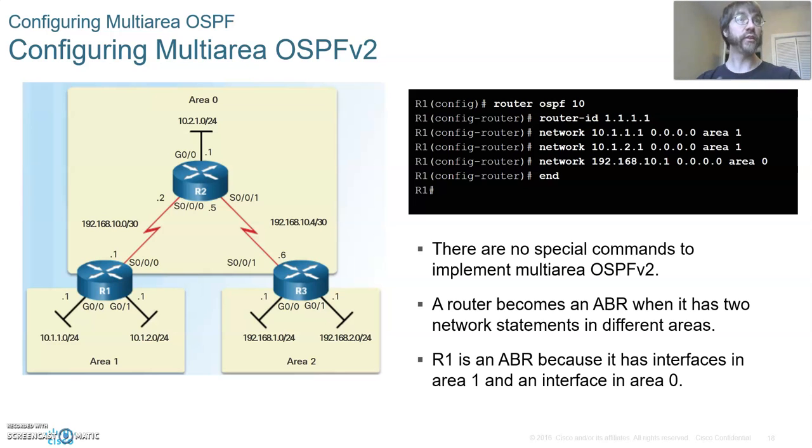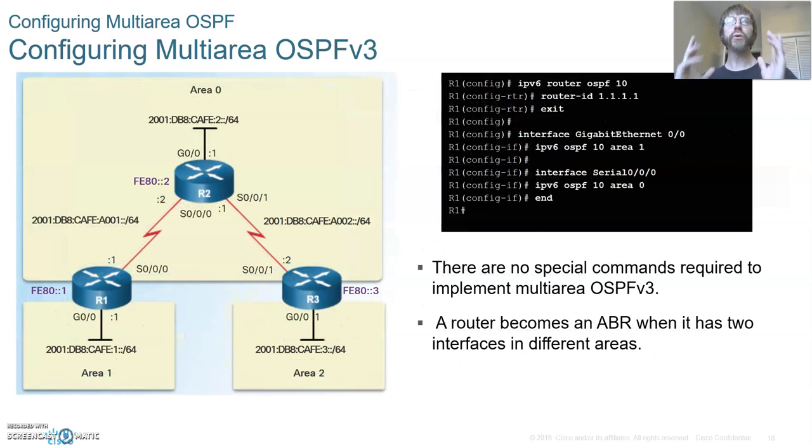So pay close attention to that nomenclature. Now, let's talk about OSPFv3. OSPFv3 has the same dynamics with multi-area OSPF as it does with single-area OSPF. You create the IPv6 routing process, you give it a router ID, you exit. You go into the interface ID, and you start assigning interfaces to areas.